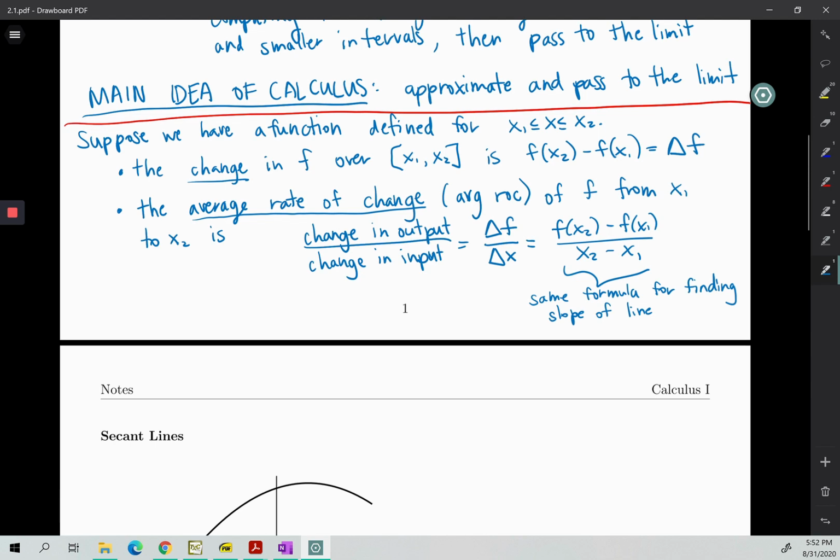Remember I told you that the slope is a rate of change, and that linear functions have a slope, so they have constant rate of change.